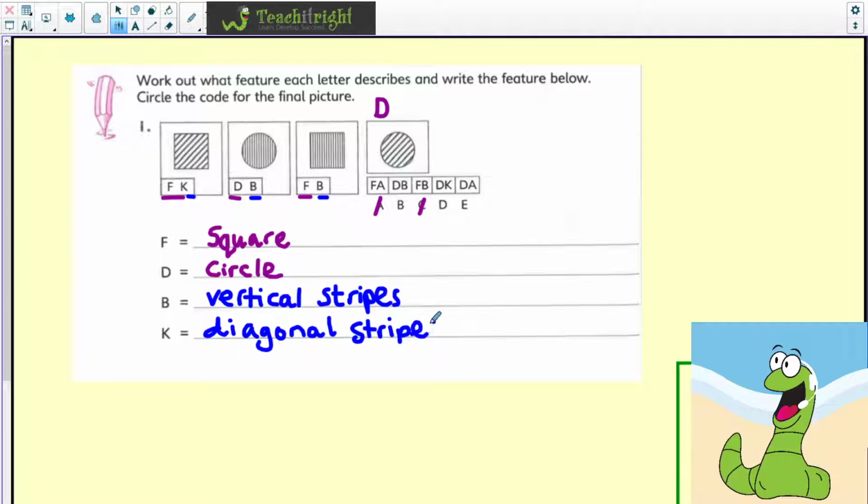And let's go and have a look and see what we require. Well, we're going to need them to be also going diagonally. So therefore, the answer has to be D and K. So therefore, I can eliminate B. I can also eliminate E. And the answer would be DK.